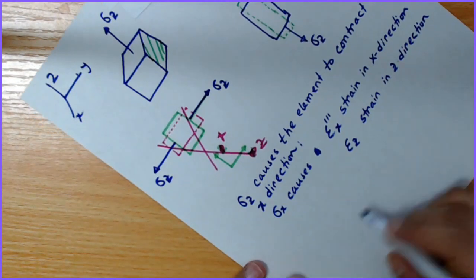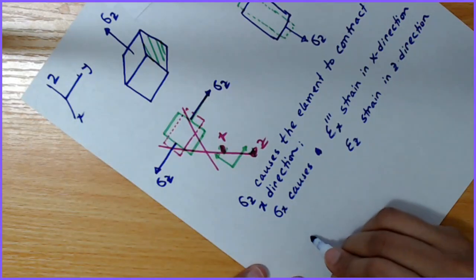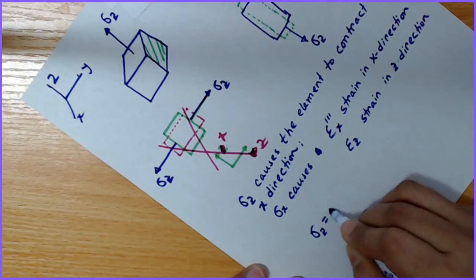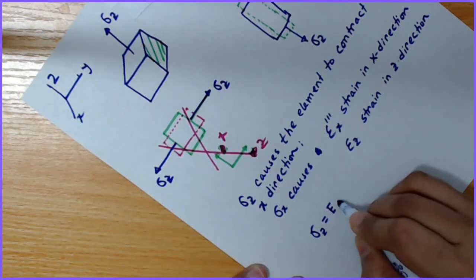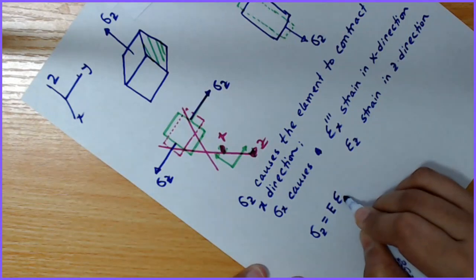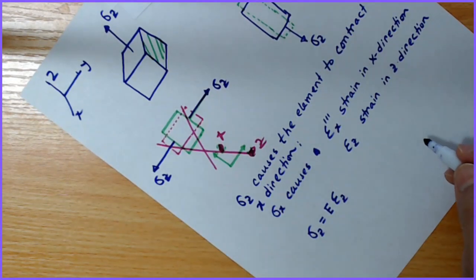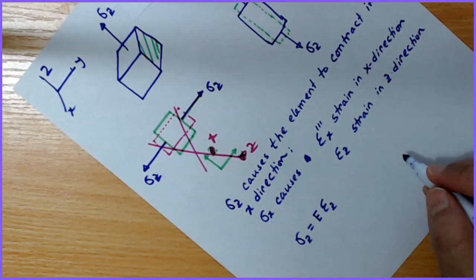Okay. So we can write the Hooke's law, sigma z equal to E, Young's modulus, multiplied by epsilon z, normal strain, right?